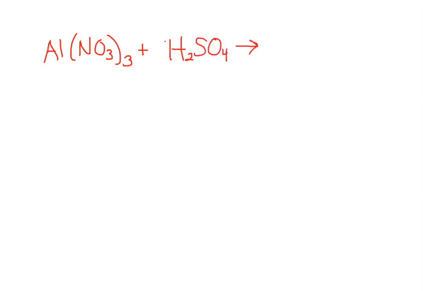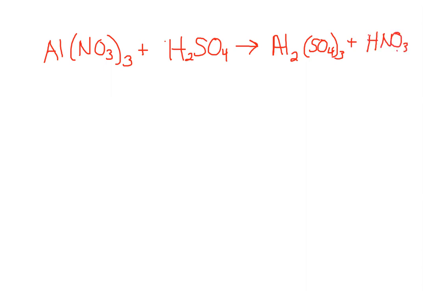All right, let's try one more, or maybe more than one more. Al(NO3)3 plus H2SO4 yields Al2(SO4)3 plus HNO3.